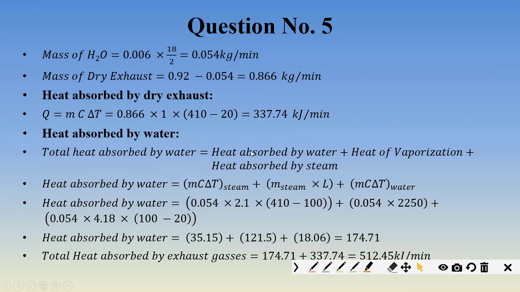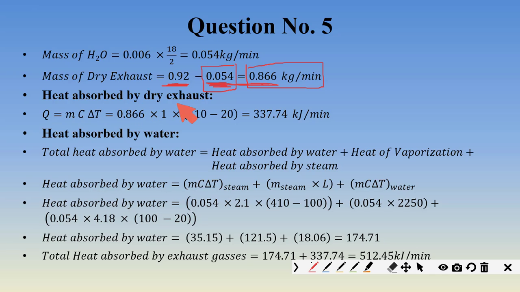So that is what we have done over here. 0.92 is total exhaust gas. Out of that, 0.054 is water. So what is the mass of dry exhaust gas? 0.866, right? So this is how we get the mass flow rate of dry exhaust, and this is the mass flow rate of wet exhaust, or else you can call it H2O, right?